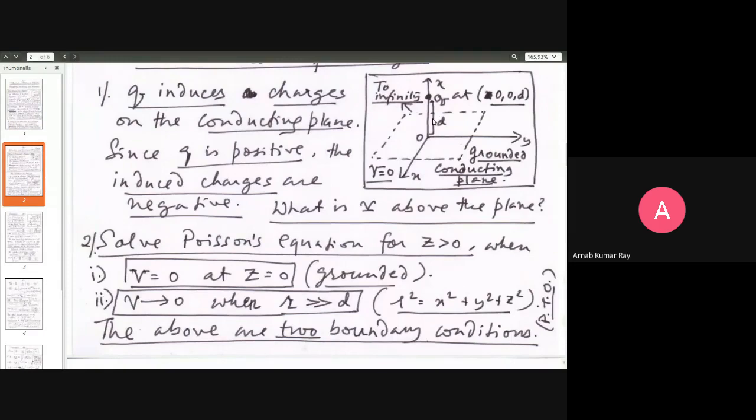Now you know very well that if you go to infinity, potential is 0. But we are not going to infinity. We are going to a great distance away from both this plane and the location of the isolated charge Q above the plane. So the farther we go, more and more will the potential tend towards 0. So these are the two boundary conditions.